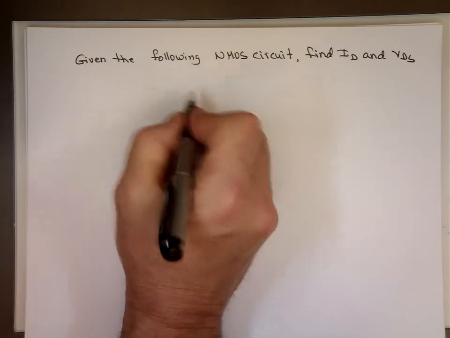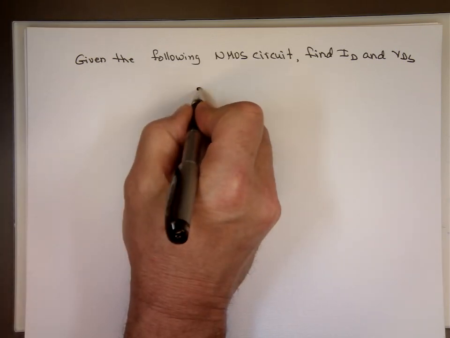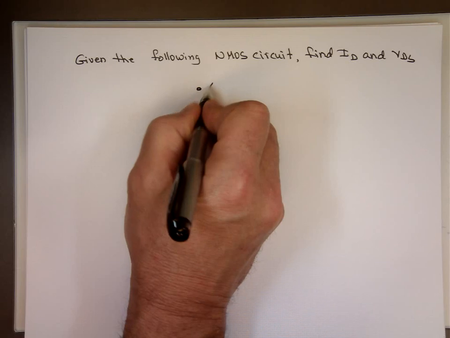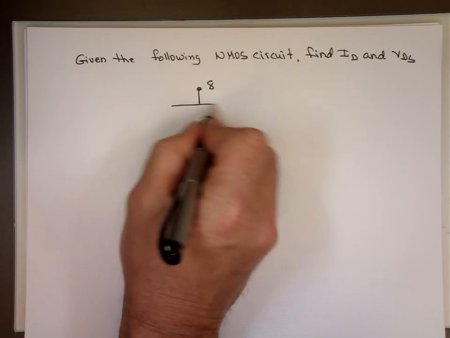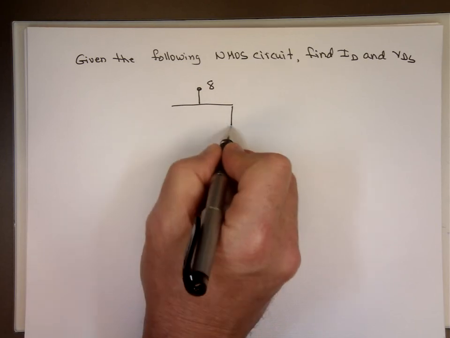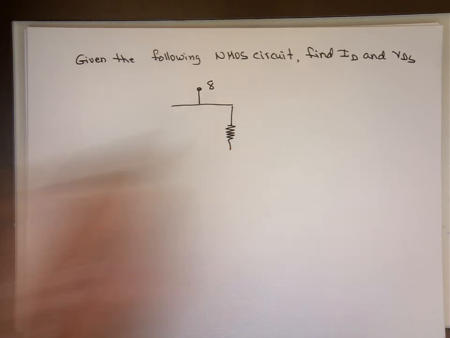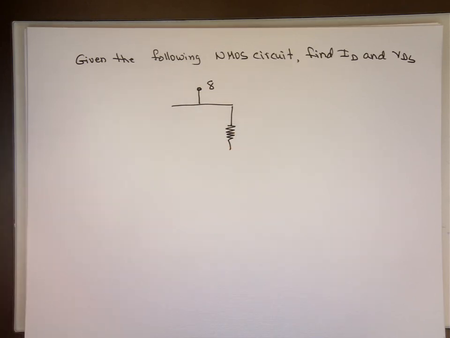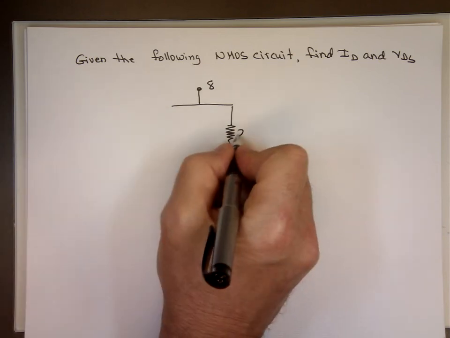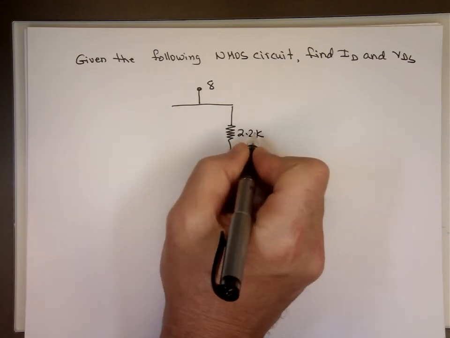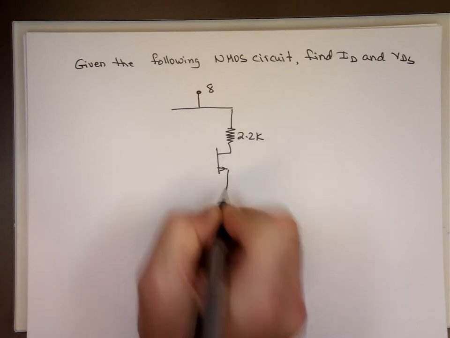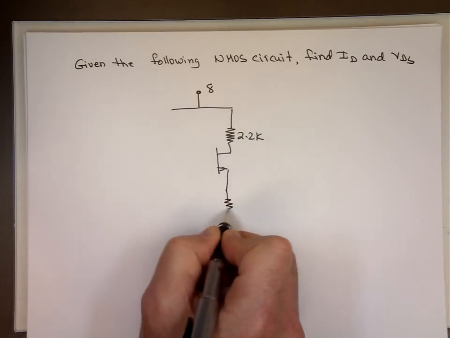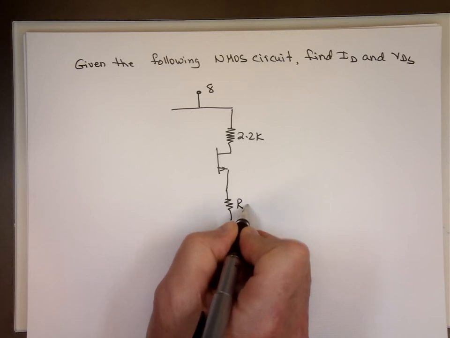Okay, let's do this. Let's say we have an 8 volt here. We'll use 2.2K. This is R sub S, which equals 1K.